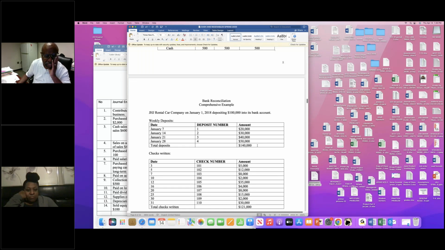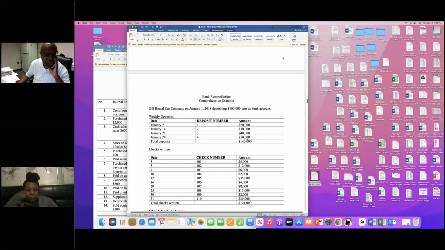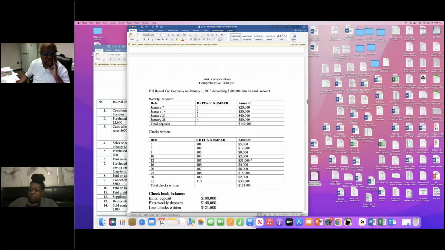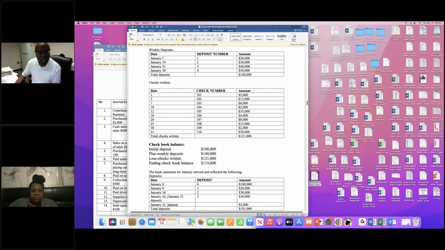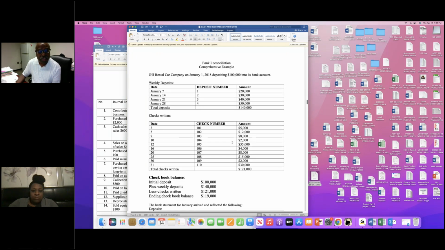And it wrote these checks. The checkbook showed the initial deposit, those weekly deposits, and checks written. The ending checkbook balance was 119,000.